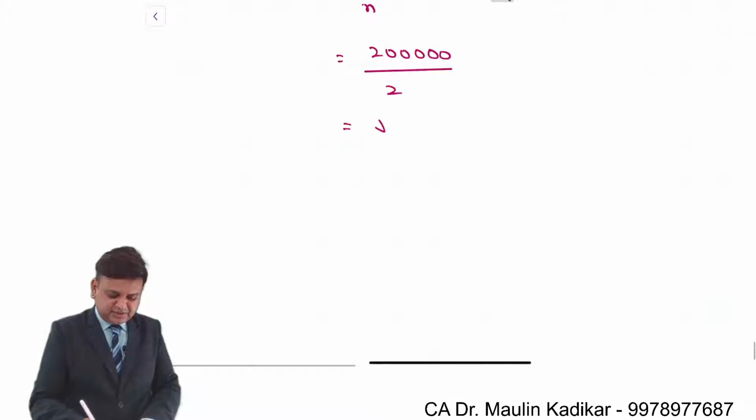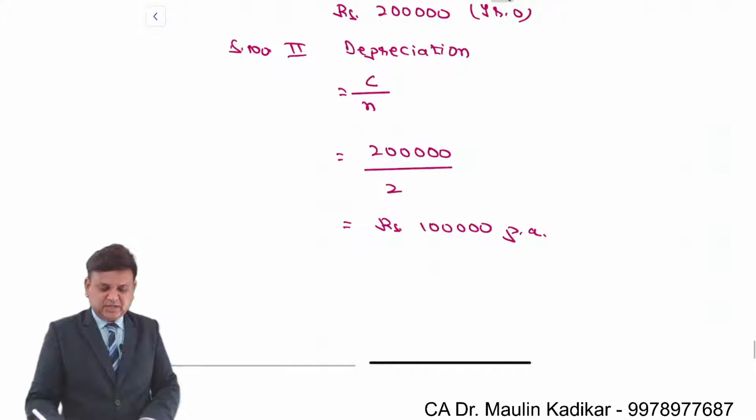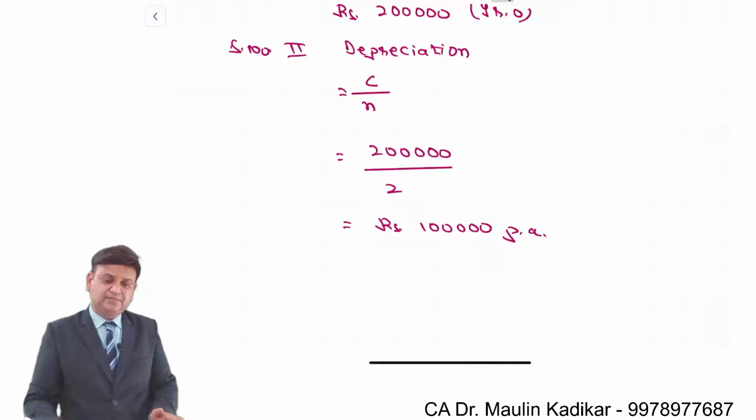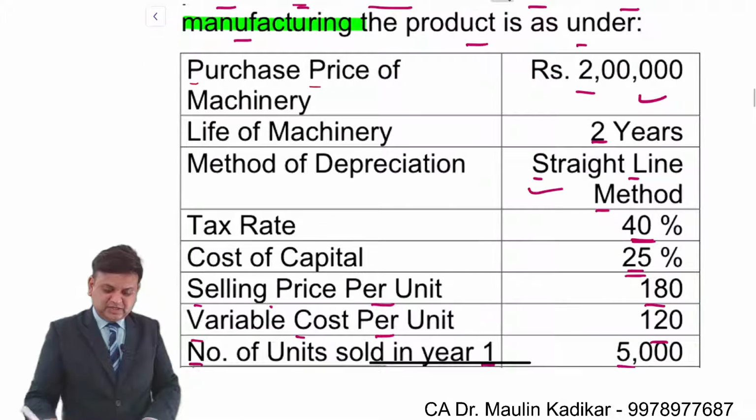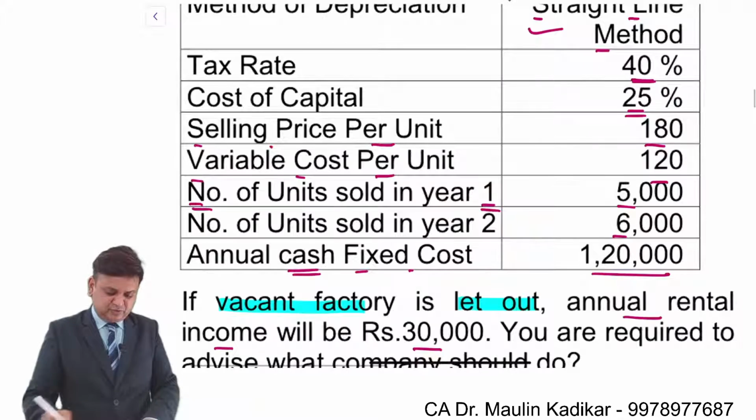So the amount of depreciation is rupees 1 lakh per annum. The question does not provide the scrap value of the machinery, so it is 0. The question is providing the straight line method of depreciation. So directly it will be written off over the time period of 2 years.